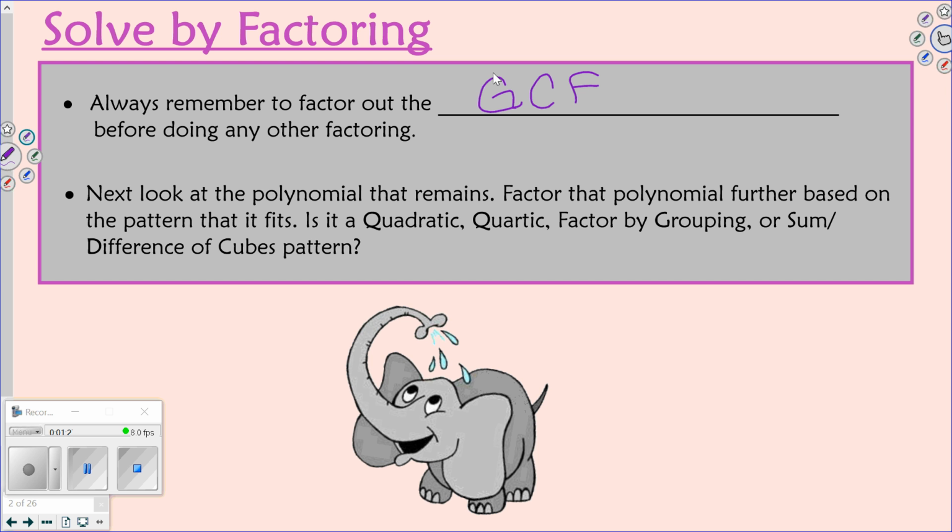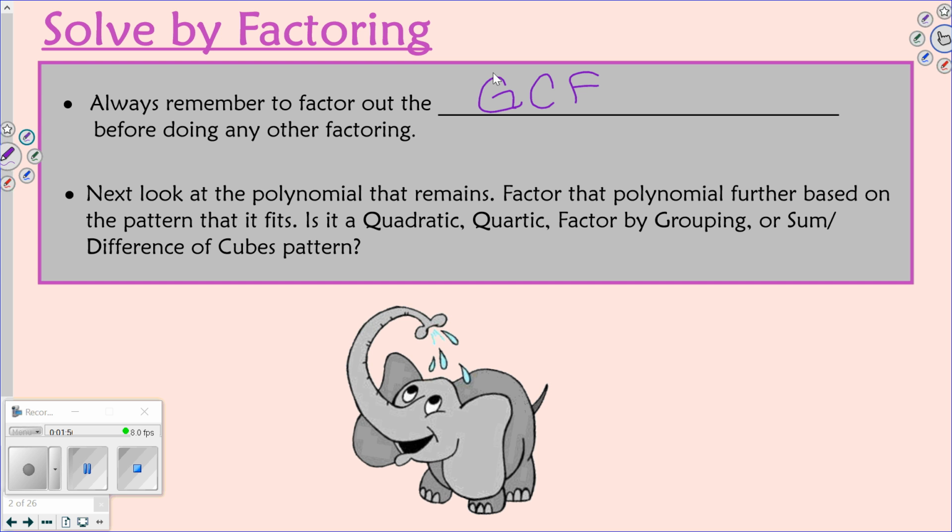Next, you have to look at the polynomial that remains. This is a big deal, that you can recognize what's happening with it. So you have to look and see what's left. Is it quadratic? What's quadratic mean? Squared. So then it's just your normal factoring that we've always done. Is it quartic? What's that mean?